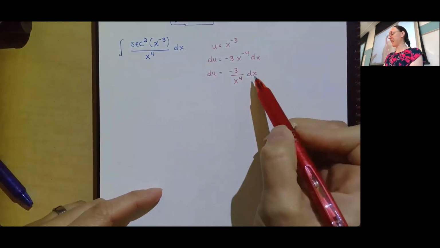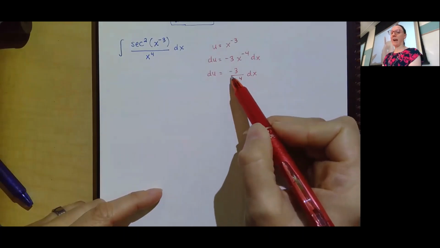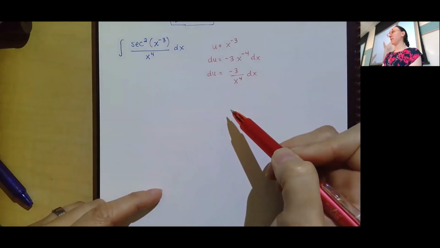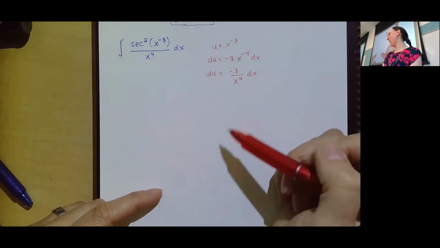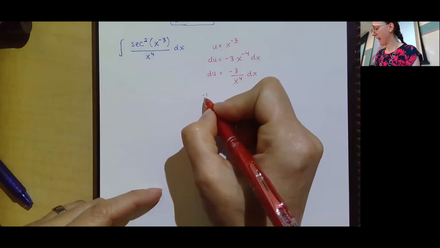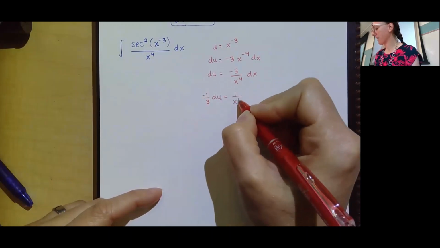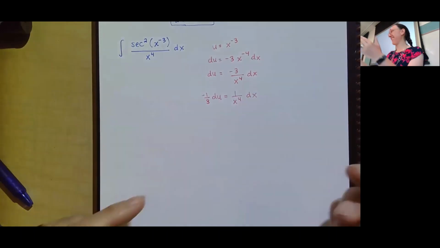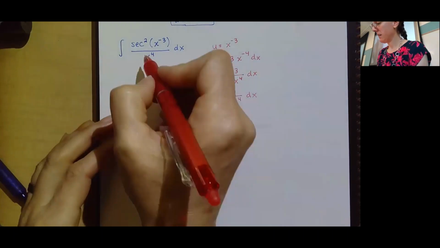And I've got the dx and the x to the 4 in the denominator. The only piece I don't have is the negative 3. So I would divide both sides by negative 3 or multiply both sides by negative 1/3. So I would say negative 1/3 du is equal to 1 over x to the 4th dx. And that's my vocabulary list that's going to let me translate things.